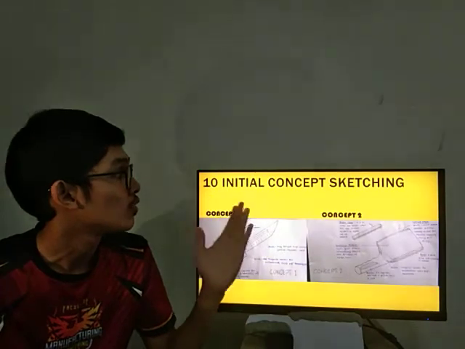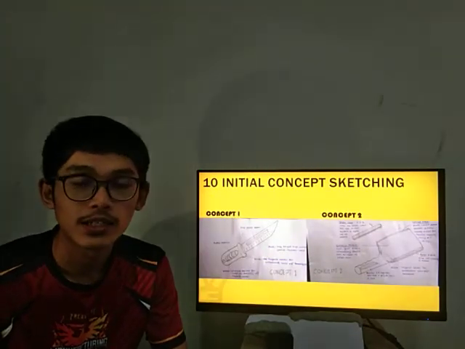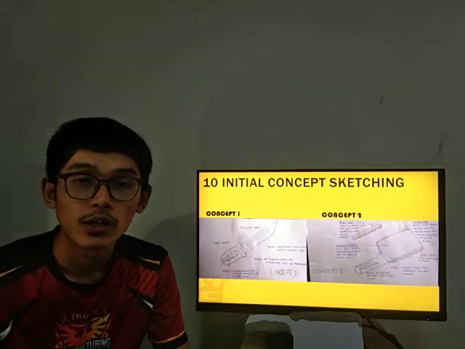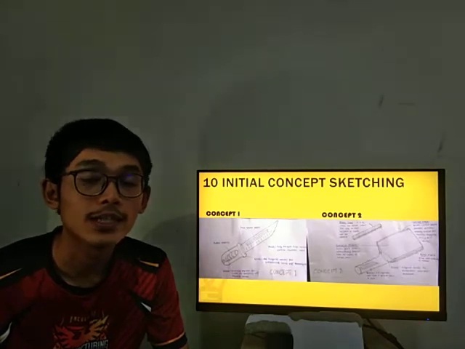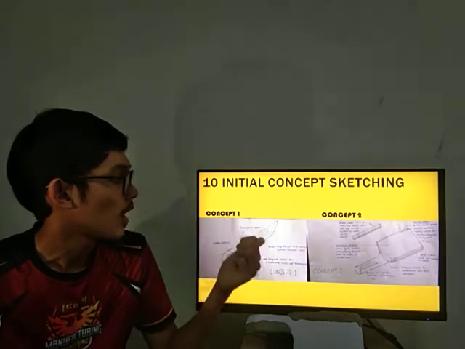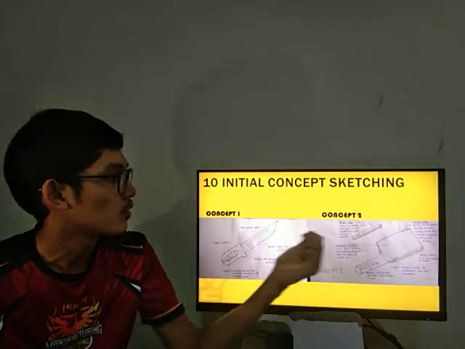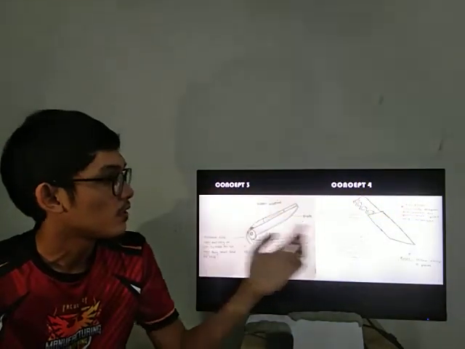First we are going to look at 10 initial concept sketching. In 10 initial concept sketching, our group is required to sketch 10 different concept sketches for our product, which is a knife. So as you can see here, we have concept 1, concept 2, concept 3, concept 4.